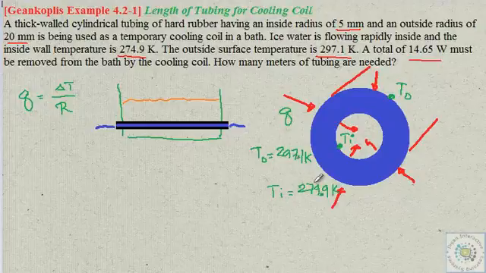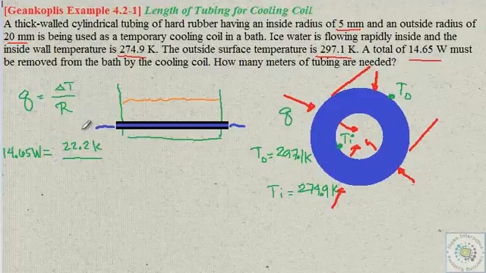Which means that delta T will simply be the difference in temperature, 297.1 minus 274.9. Delta T will just be equal to 22.2 Kelvin. That's the driving force. Q here is 14.65 watts.